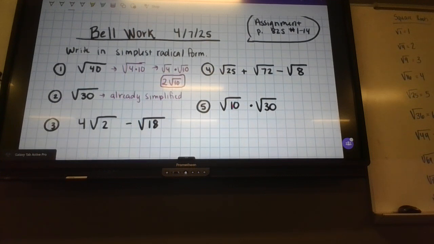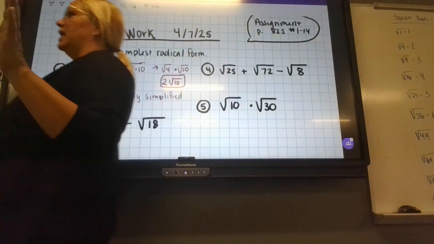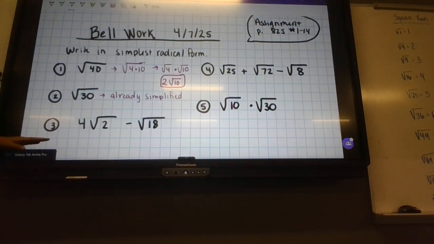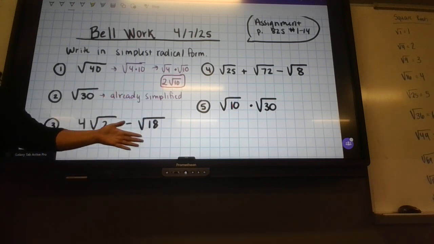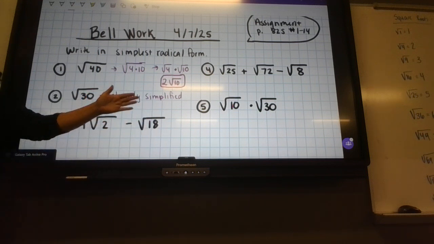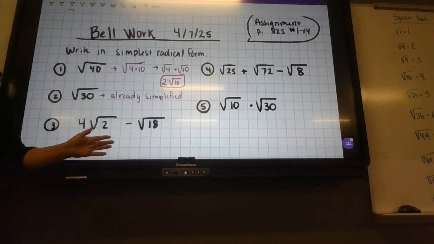All right, and so this is going back to last Wednesday. It's been a while, but we did cover adding and subtracting like radicals. Now, these cannot be subtracted because it has to be like terms. Like it has to be like 4x and 18x, or 4 square root of 2, 18 square root of 2. It has to be the same square root.